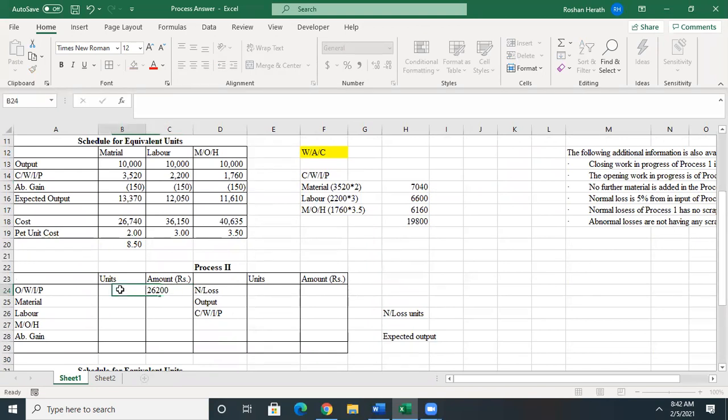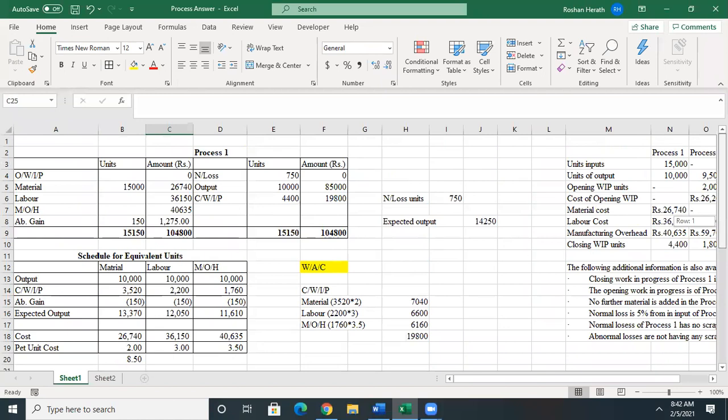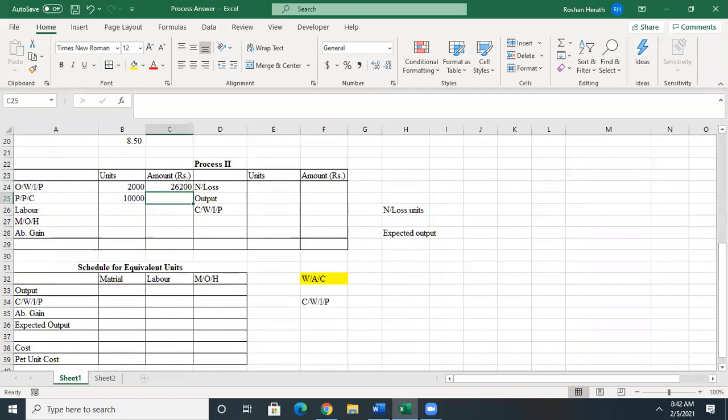It's not the material, but the previous process cost is there. The previous process cost comes from the previous process, that was 10,000 units, and it's going to be how much? From the previous process, you get 85,000 over there.